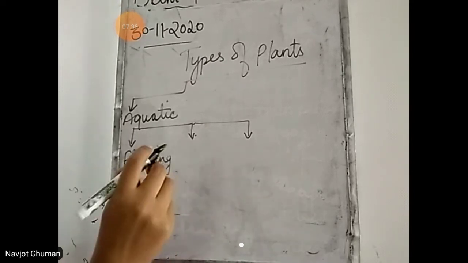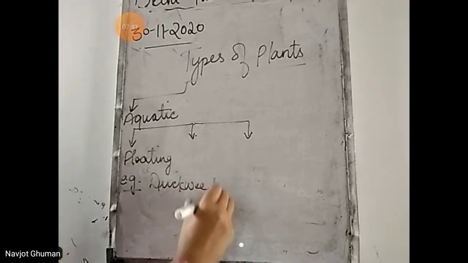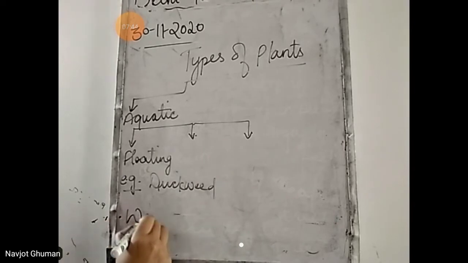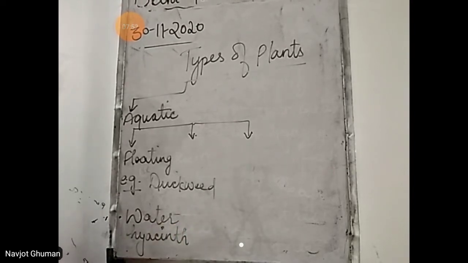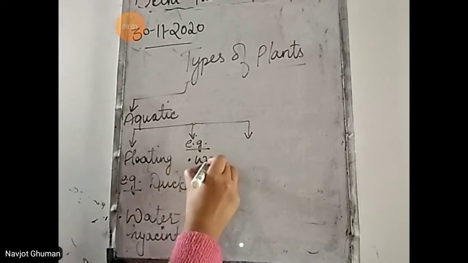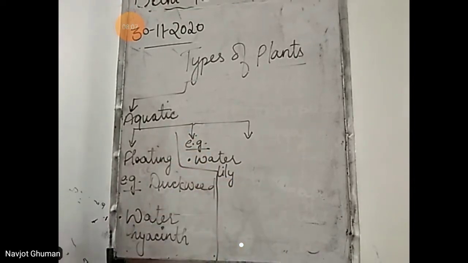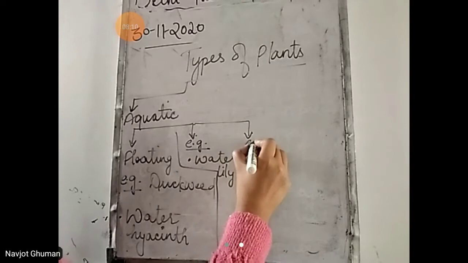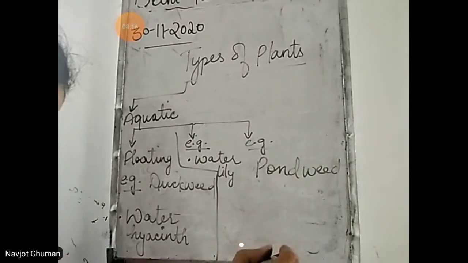Example, duckweed and water hyacinth. These are the two examples of floating plants. Next example is given, that is water lily. Next example is pondweed and tape grass.